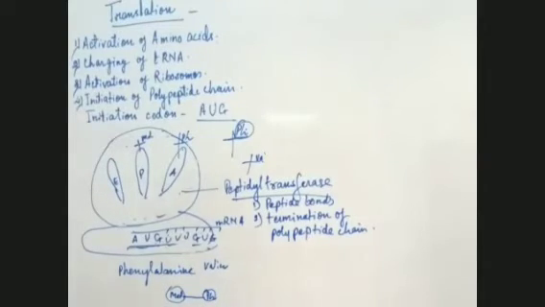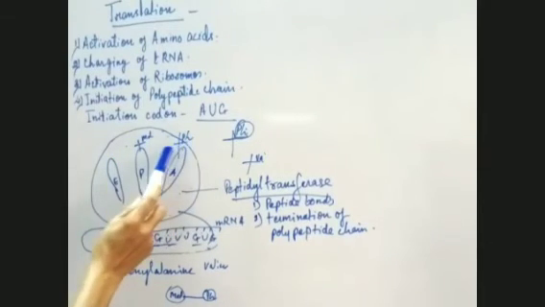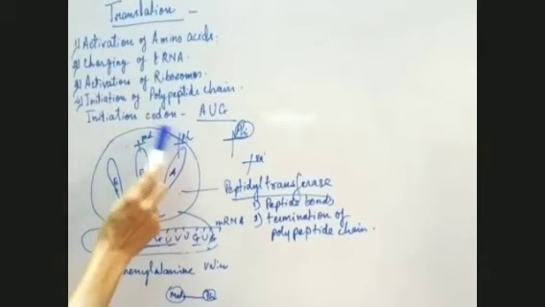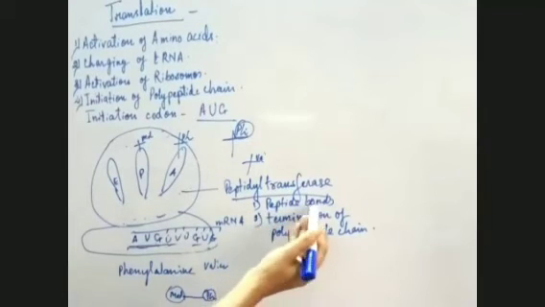Now, the methionine and phenylalanine carried by transfer RNA need to be joined by peptide bonds. As I told you, in this larger subunit, an enzyme peptidyl transferase is present, which forms the peptide bond.